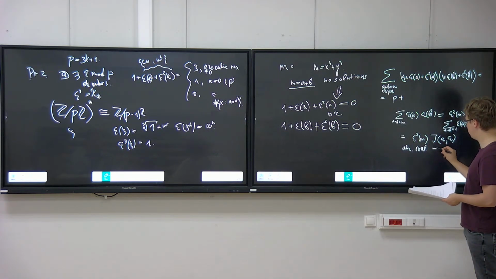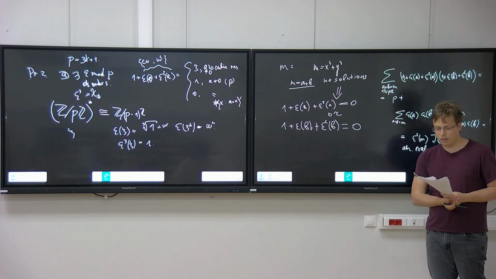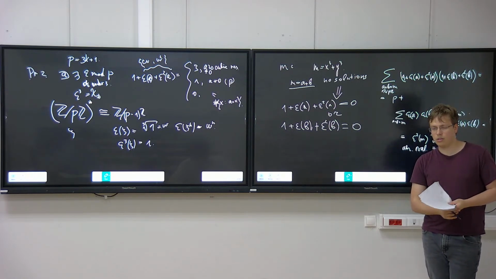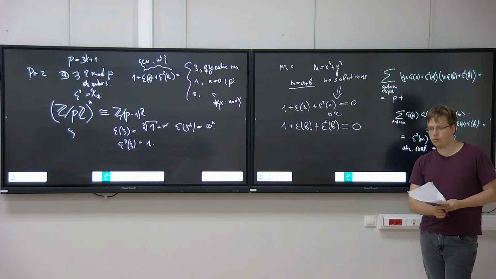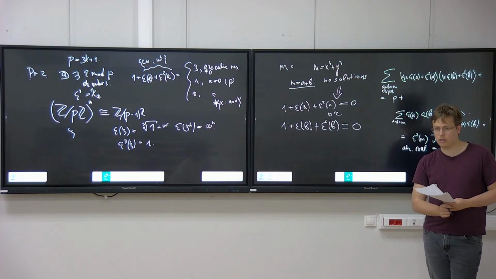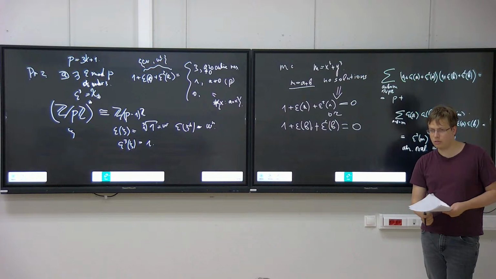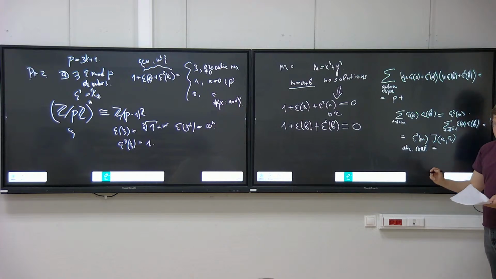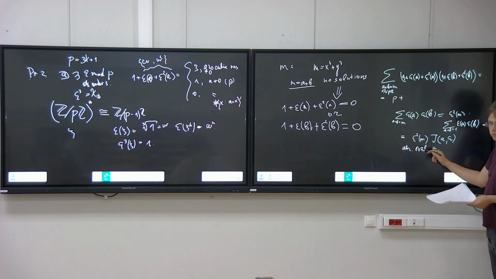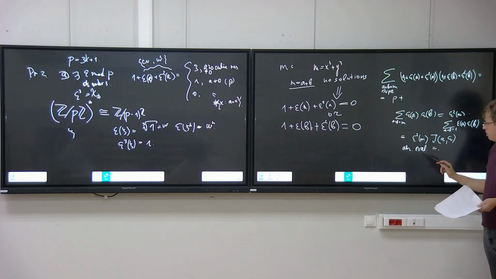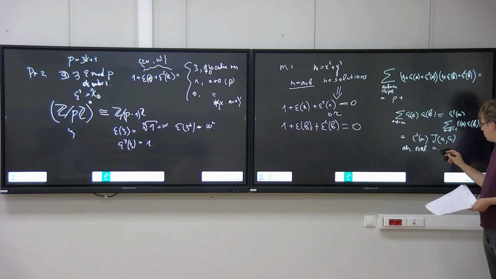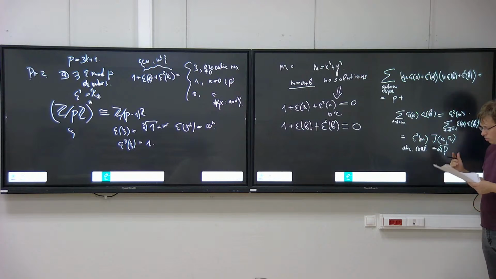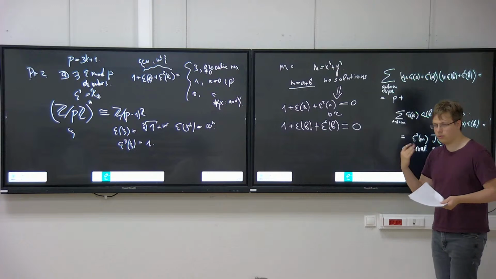It is square root of P in this case. So this will be what for the Jacobi sum? Epsilon of M has absolute value 1, so just square root of P, because you multiply two Gauss sums and then divide by the third.